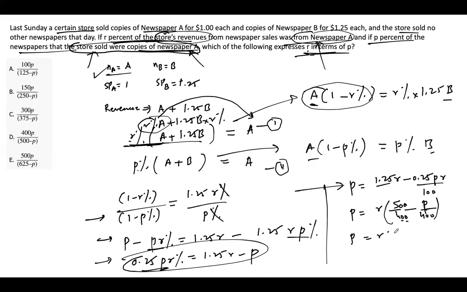This would be R times 500 minus P upon 400. So this would be 400P upon 500 minus P. So which of the following expresses R in terms of P? So 400P by 500 minus P.